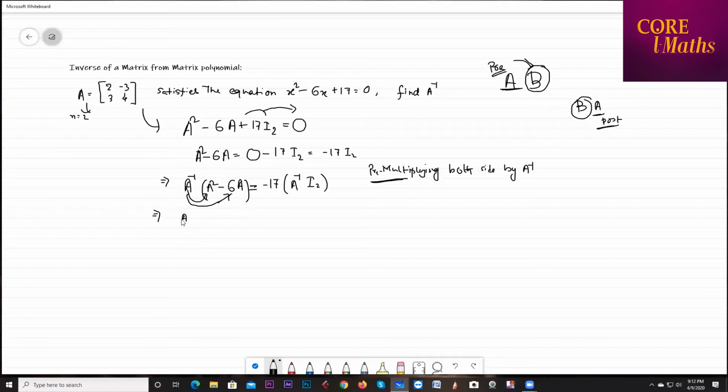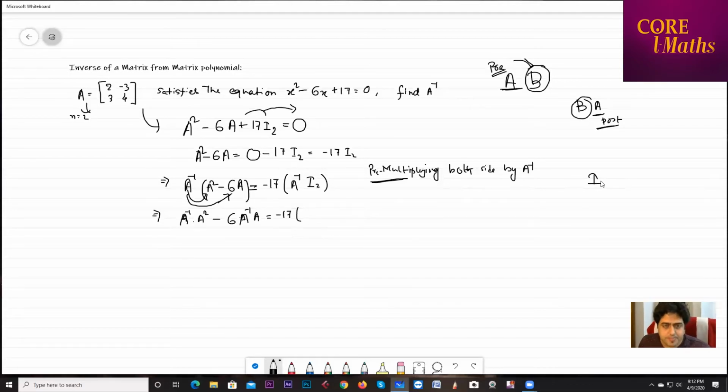So A inverse into A square minus 6, the constant will come outside, and A inverse into A equals minus 17 into, as you know, if we multiply the identity matrix with any matrix, then the result will be the given matrix.